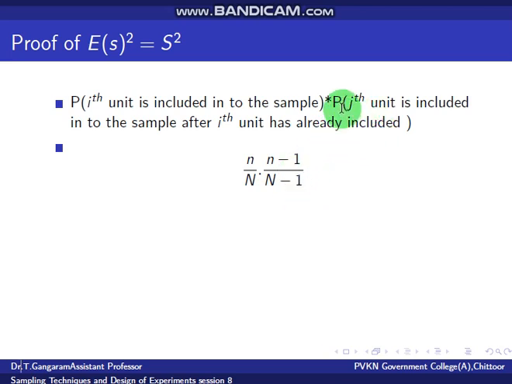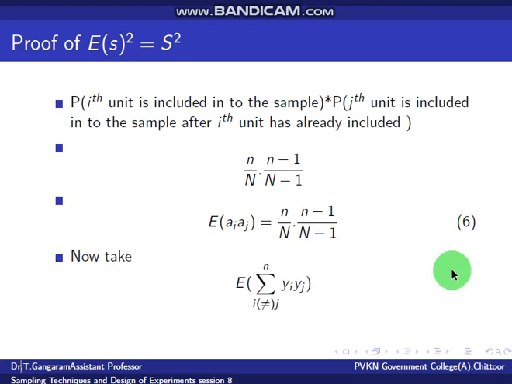For that, probability of jth unit is included into the sample after ith unit is already included, means one unit included, these are the favorable cases, and these are the total number of cases. This is the probability of expectation of ai aj, which is equal to small n by capital N into n minus 1 by capital N minus 1. Consider this as equation 6.